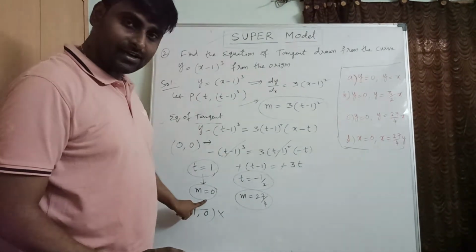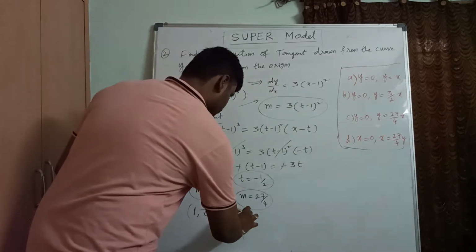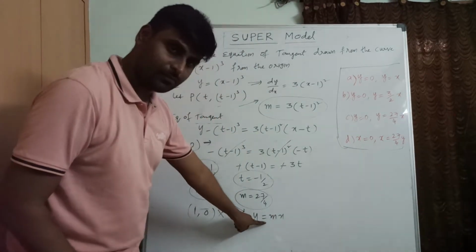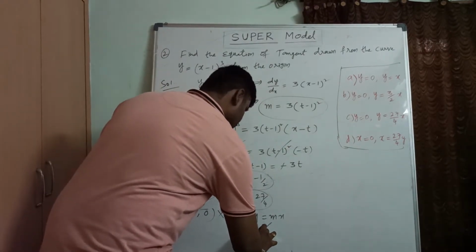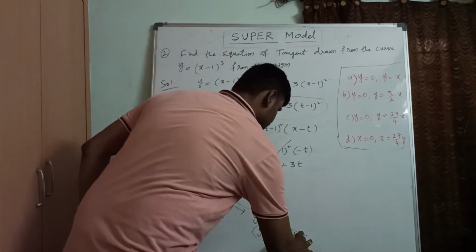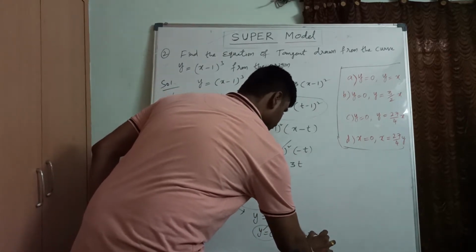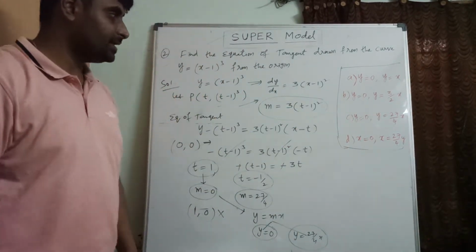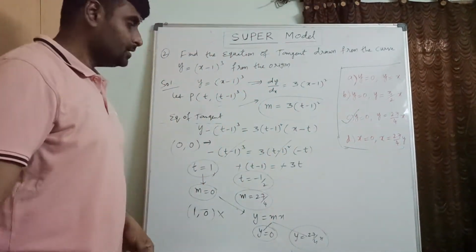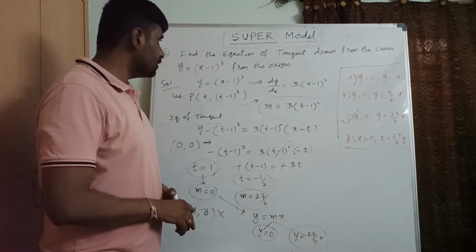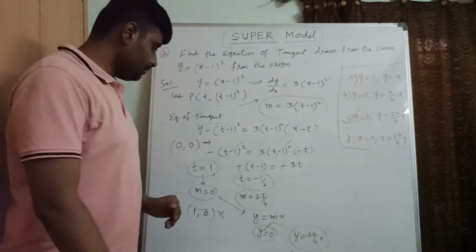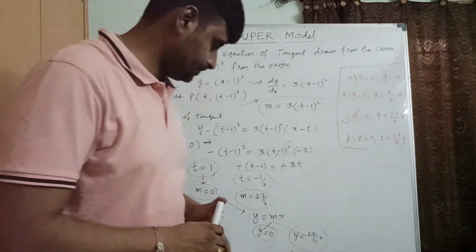Simple. y equal to mx. In place of m, if you put 0, y equal to 0, and the other is y equal to 27 by 4 x. Simple. So which of the following options are correct? So option C. Clear? So hope you understood, right? It is very similar to the previous question, right? Pause the video, make a note of it.